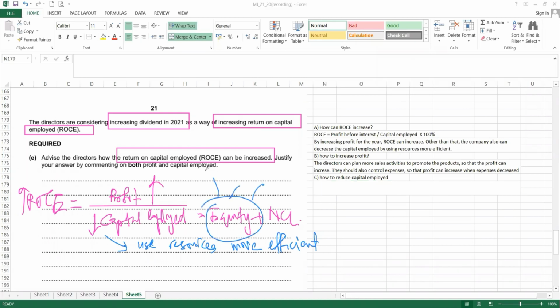Equity has three components in this question: ordinary share, general reserve, retained earning. If we want to increase the dividend, one of the ways is we can use this one and this one to pay the dividend. Then we can reduce this equity, reduce this capital employed, and then ROCE will increase.